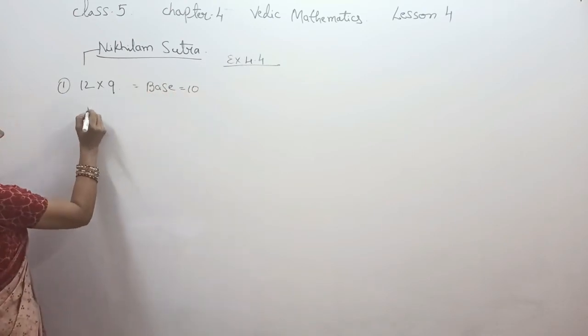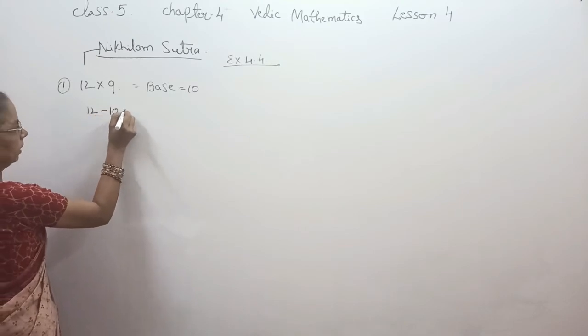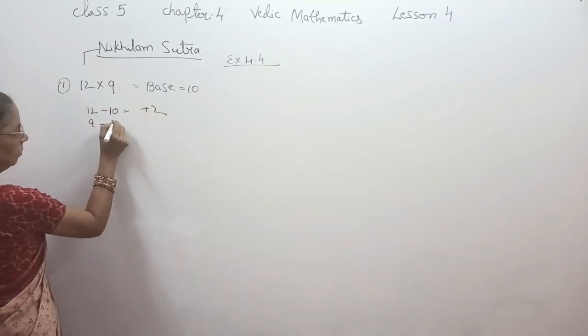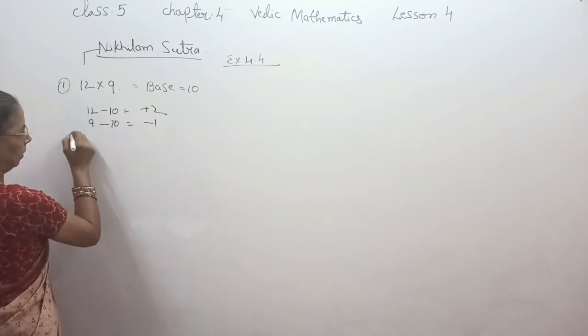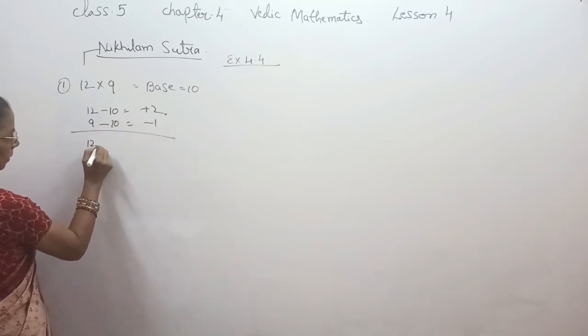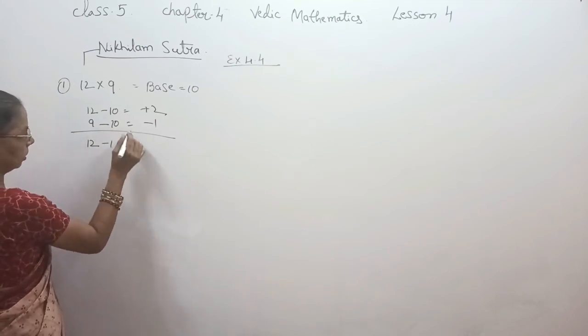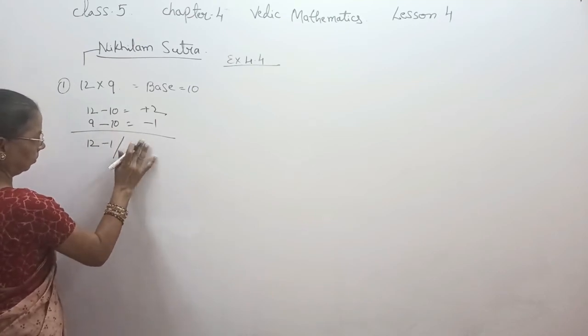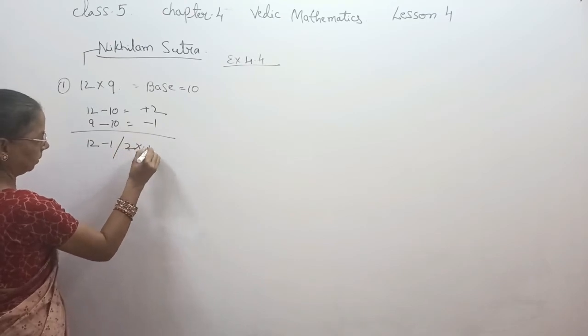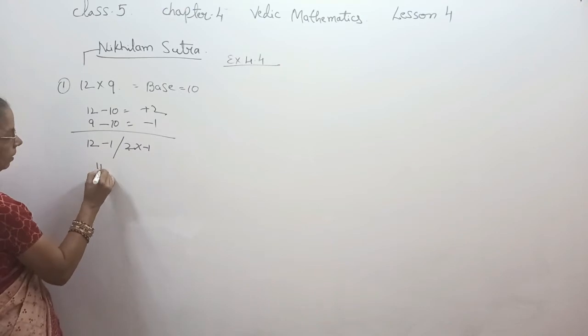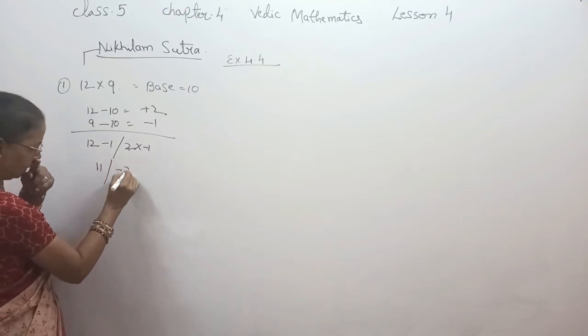12 minus 10 equals plus 2. Then 9 minus 10 equals minus 1. Now 12 plus minus 1, slash, 2 into minus 1. Now 12 minus 1 is 11, slash minus 2.